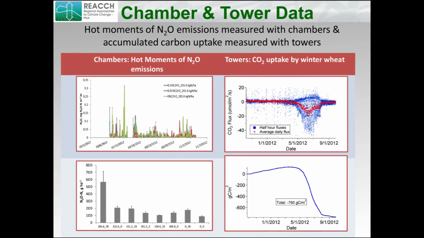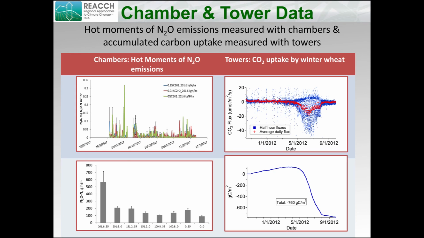Now on to some examples of the chamber and tower data. Kirill already presented these, so that's another place for integration and communication between the objectives, in deciding what figures you're going to have in your presentations to save time. The key thing to take away, like Kirill talked about, is the erratic behavior of N2O.